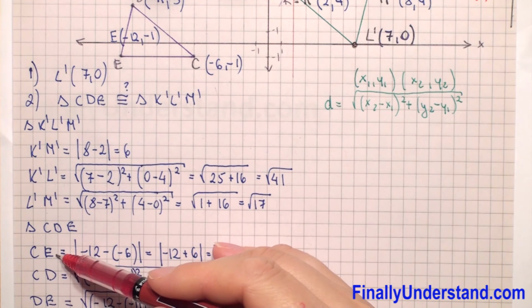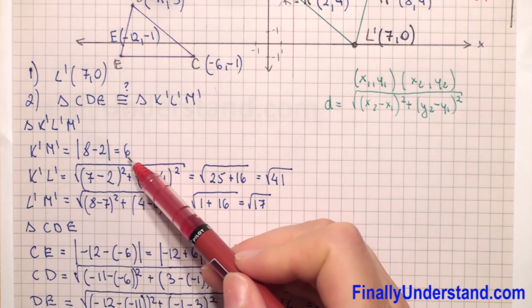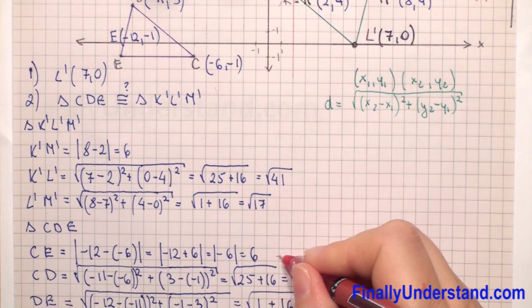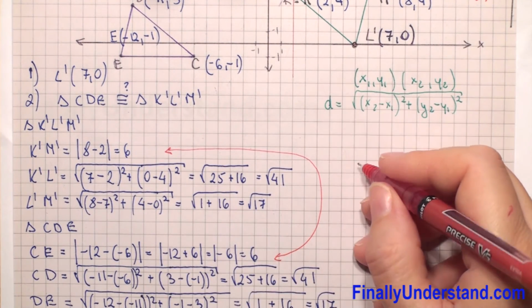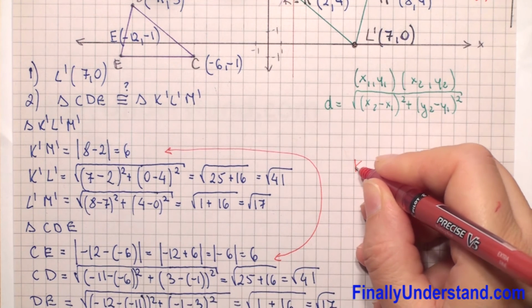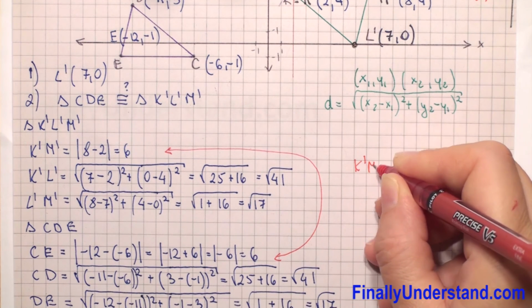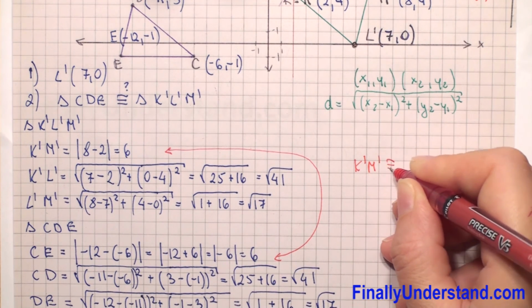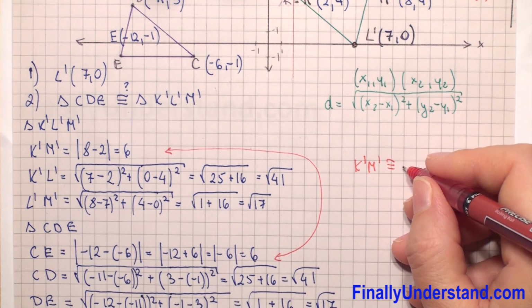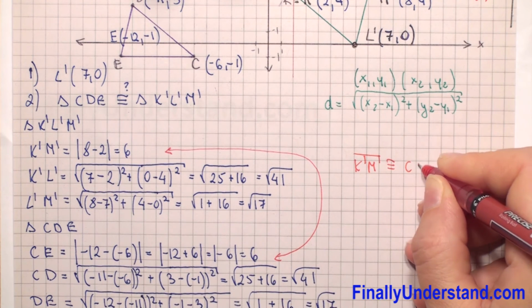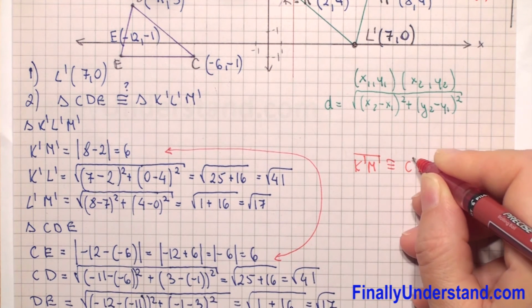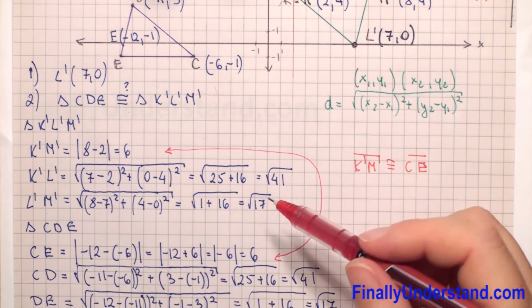And now we see that sides CE and K prime M prime are congruent. Side K prime M prime is congruent to side CE. What else?